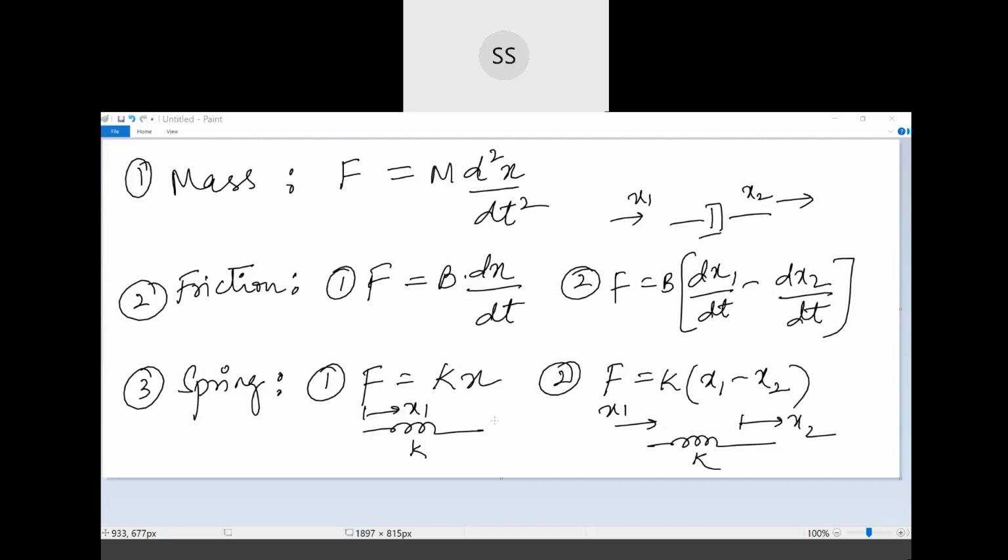So similarly, whenever a force or a torque is applied, the mechanical elements are put into rotation. So those systems are known as mechanical rotational systems. So now let us see what are the three ideal elements present in the mechanical rotational systems.